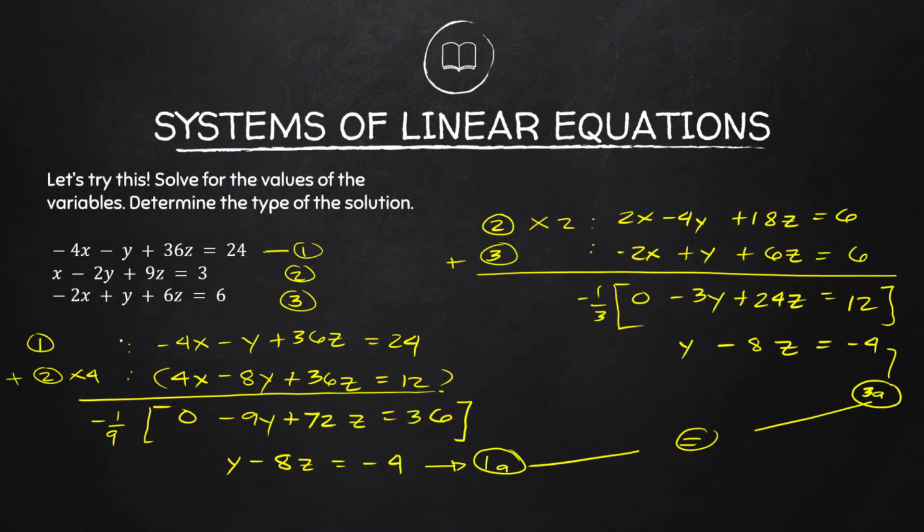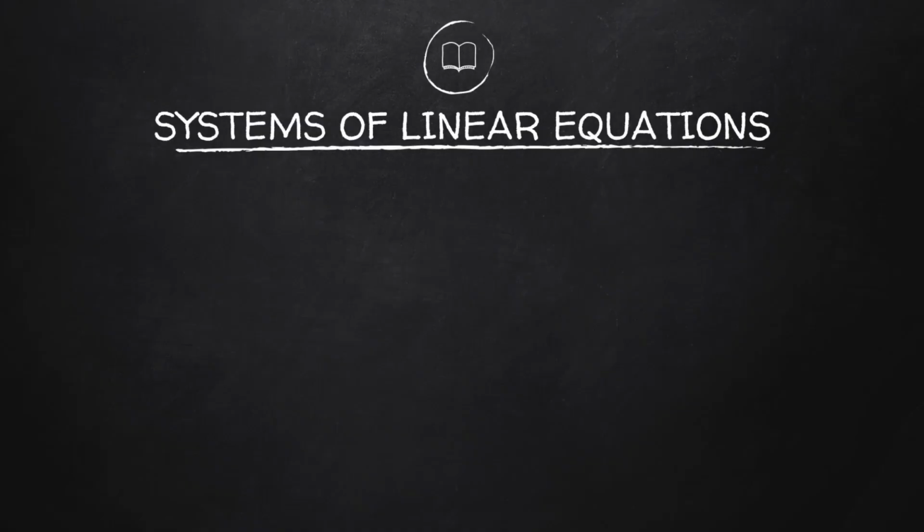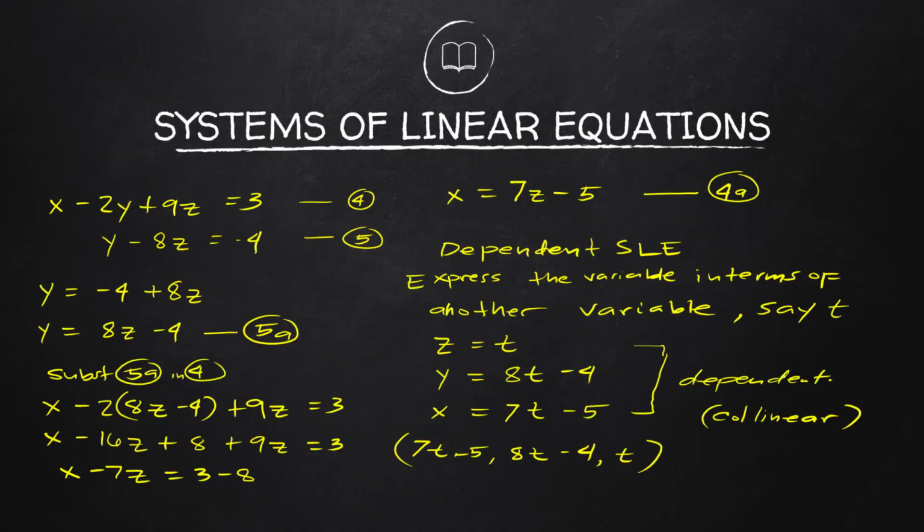So if you will go back here in the system of linear equations, any value that you assign in z will have a corresponding value for x and y, and those ordered pairs will be true for all of these equations. So for example, if z is equal to 0, what is the value of x and y?